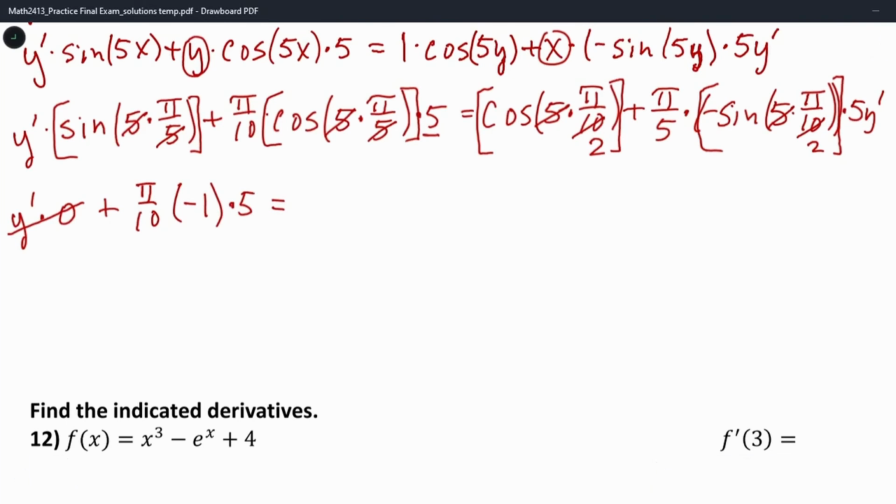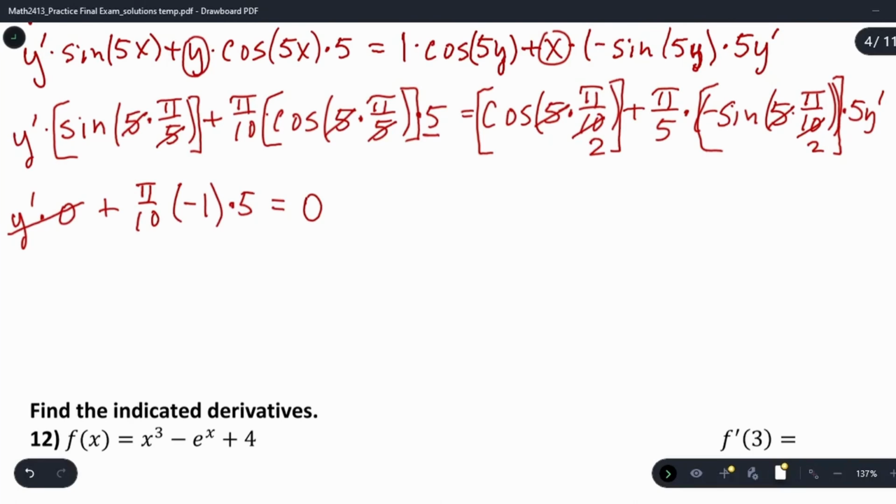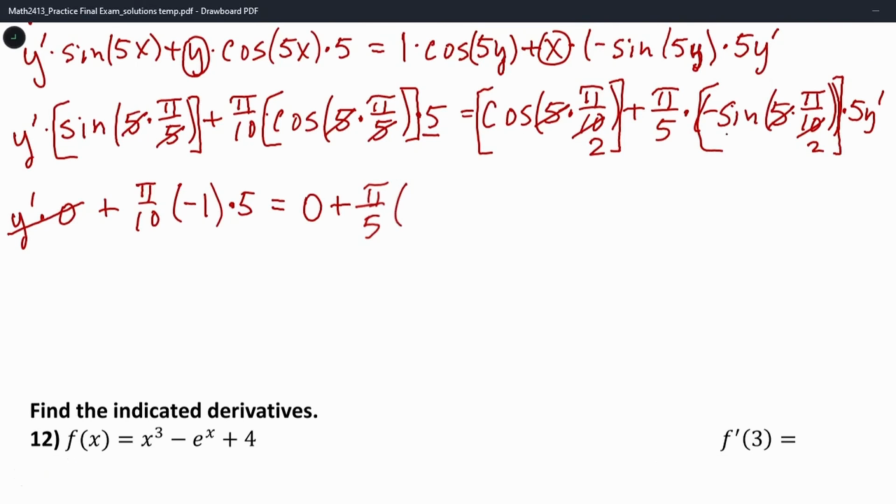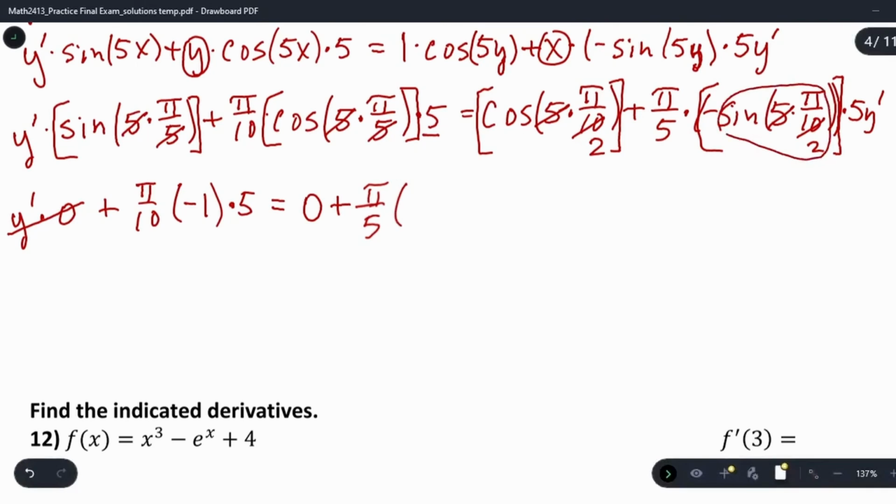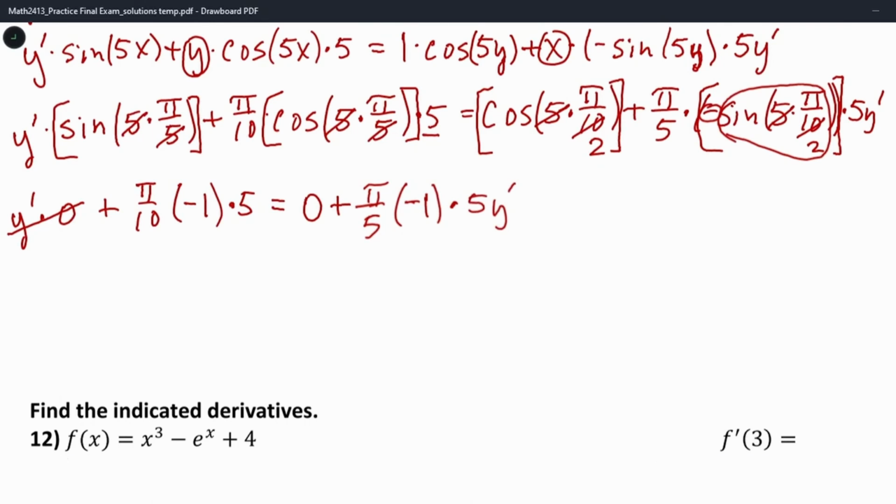On the other side, we have the cosine of pi over 2, that is 0, plus we have pi over 5 times. Now, sine of pi over 2 is 1, and then that negative will make that negative 1 times 5y prime. All right, next step.